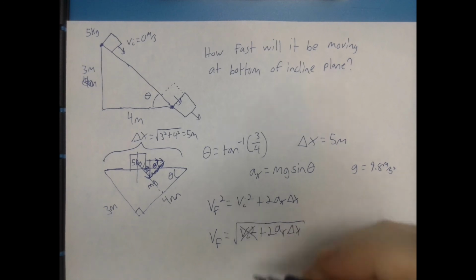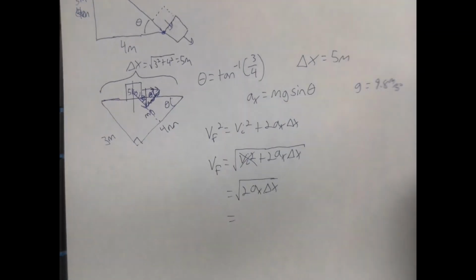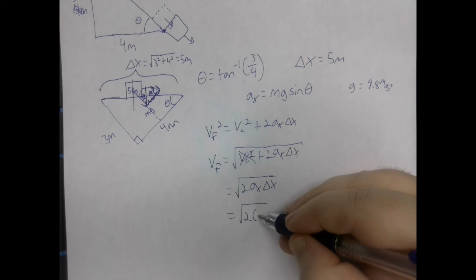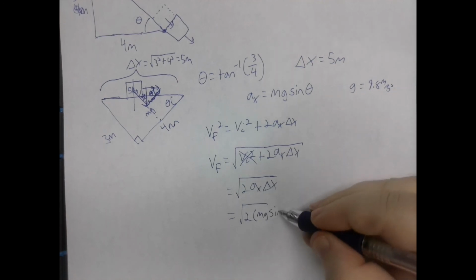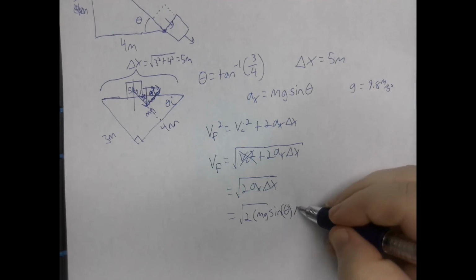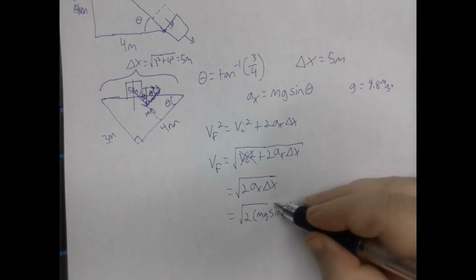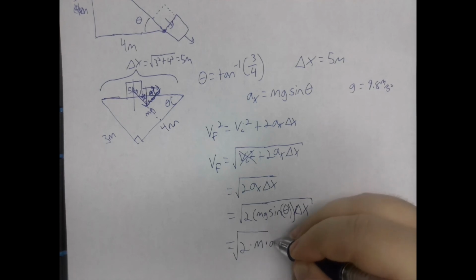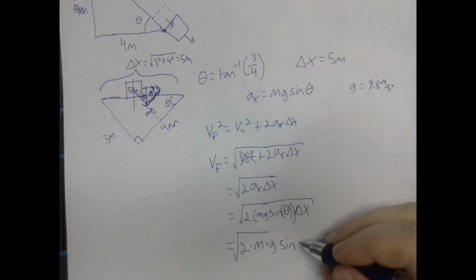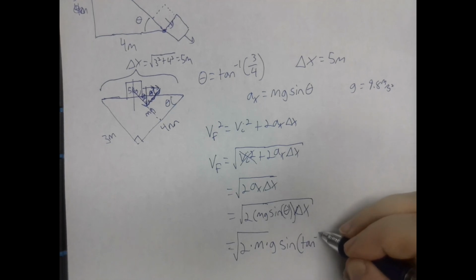Our initial velocity is 0. So that's the square root of 2 times ax delta x, which equals the square root of 2 times mg times sine of theta delta x. Theta was the inverse tangent of 3/4.